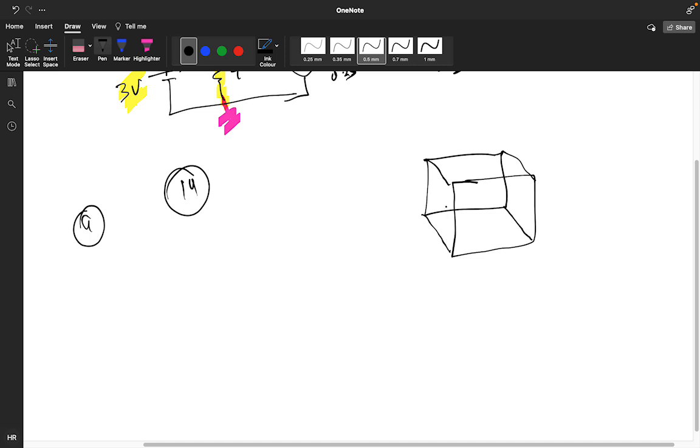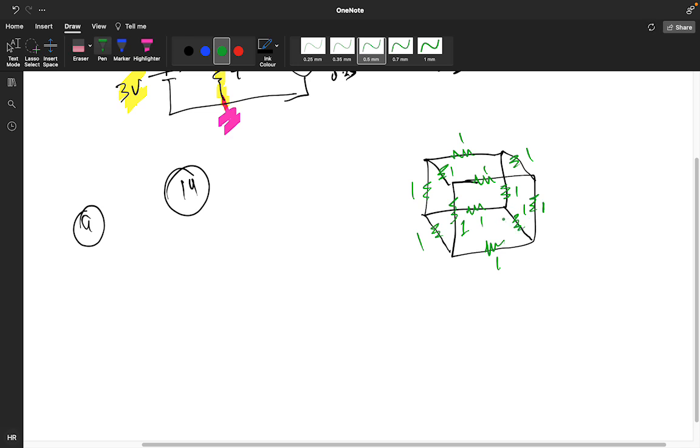Guys, I hope you remember the first class. 12 edges, this is 1, this is 1, and so on, each 1 ohm.